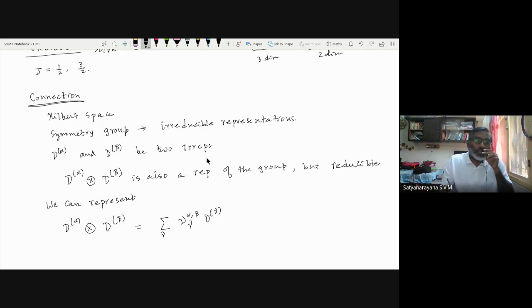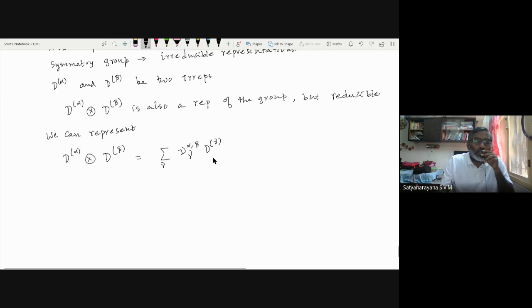That means this is reducible, so it can always be decomposed in terms of irreducible representations, right? So these coefficients are called Clebsch-Gordan coefficients.